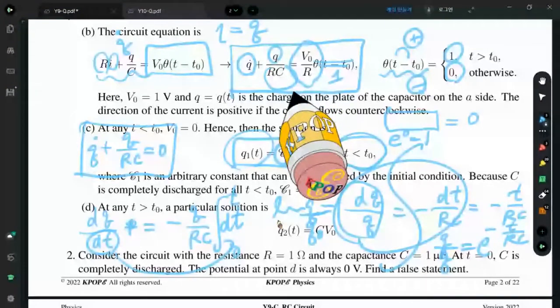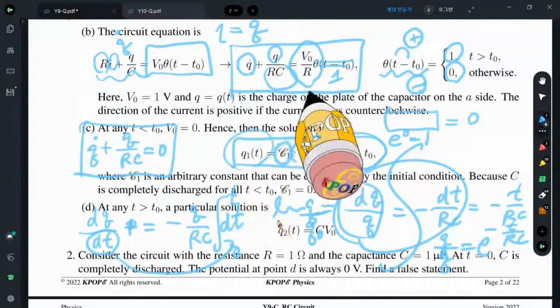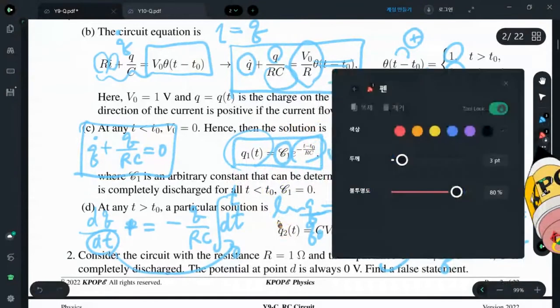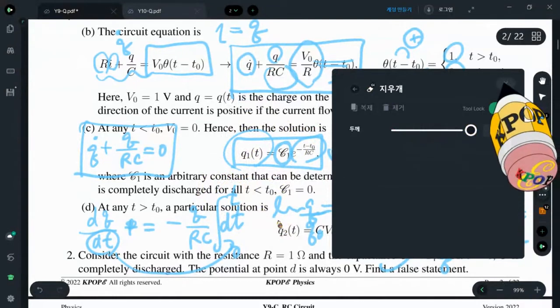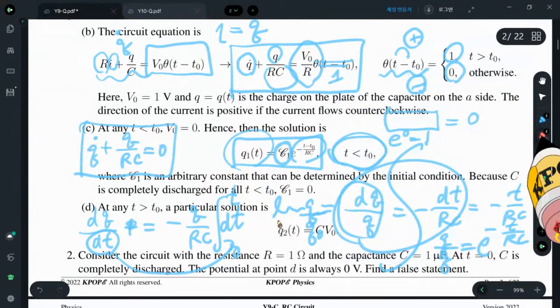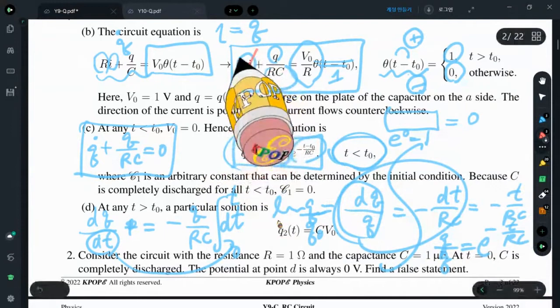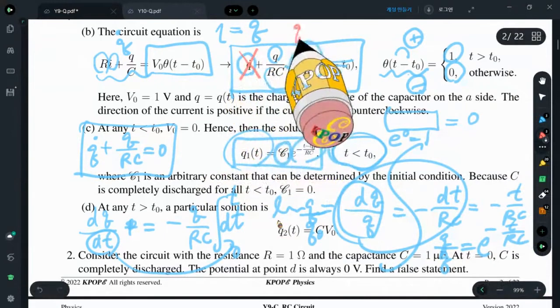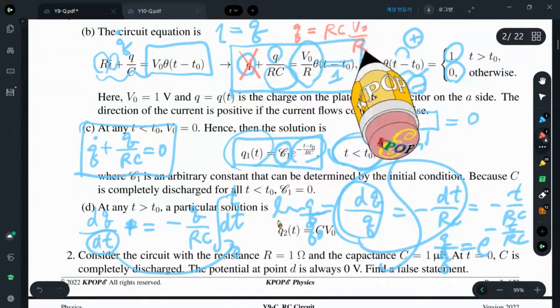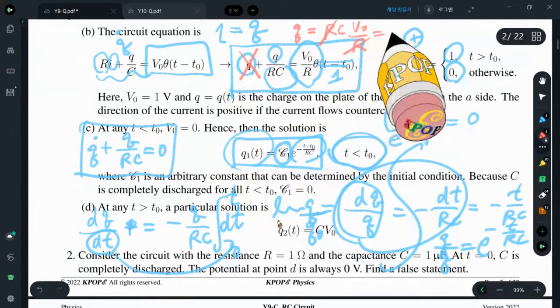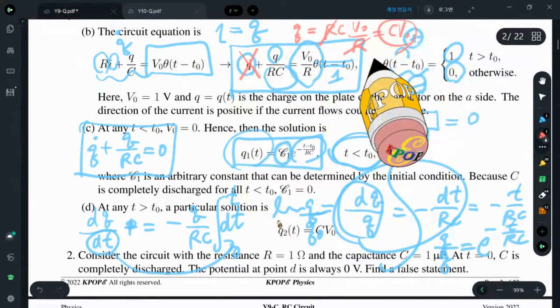Actually, the particular solution of this problem is trivially obtained by substituting a constant. If I substitute the constant, this one disappears, and Q is just RC V0 over R, so R cancels. So CV0 is the particular solution.